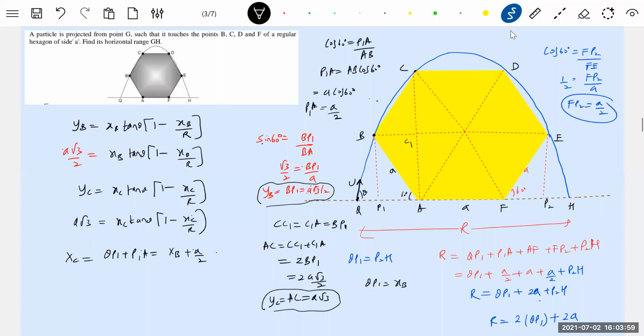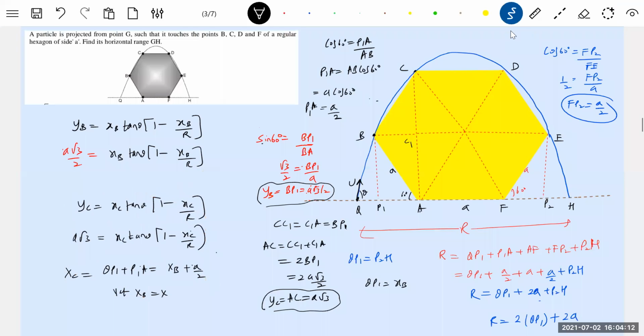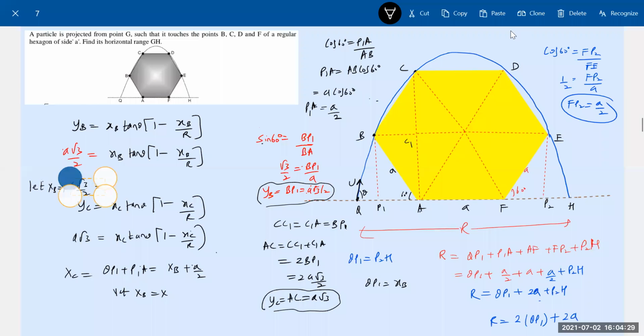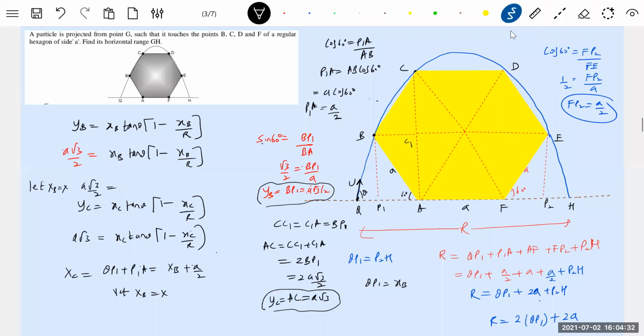I think somewhere, yeah, P1 is A by 2. And let XB equal to X. Here only will make that changes. So A root 3 by 2 X tan theta, 1 minus X by R.